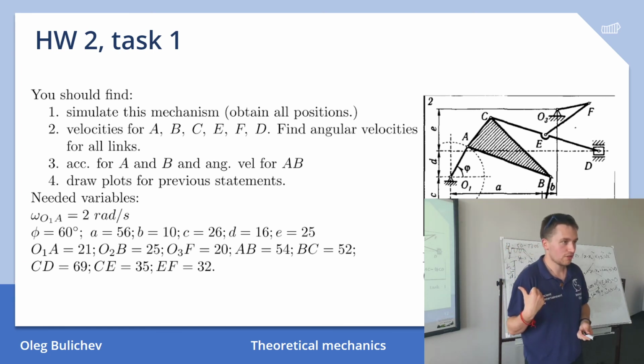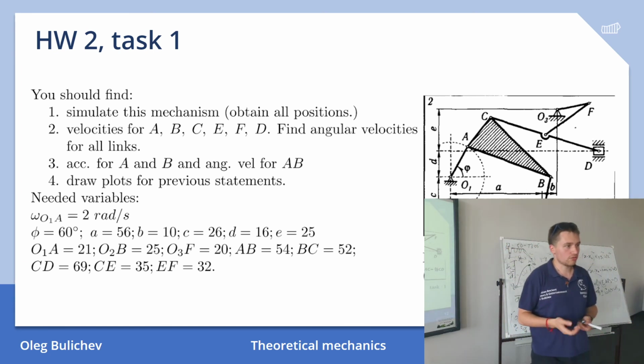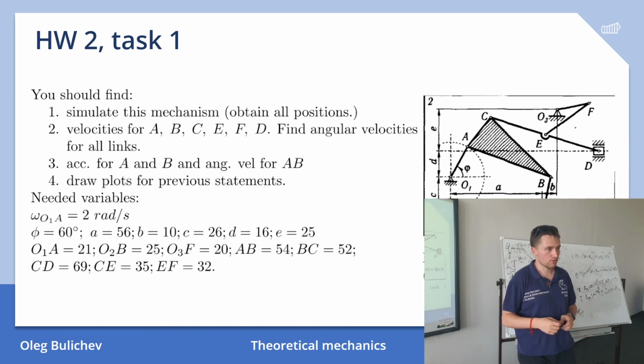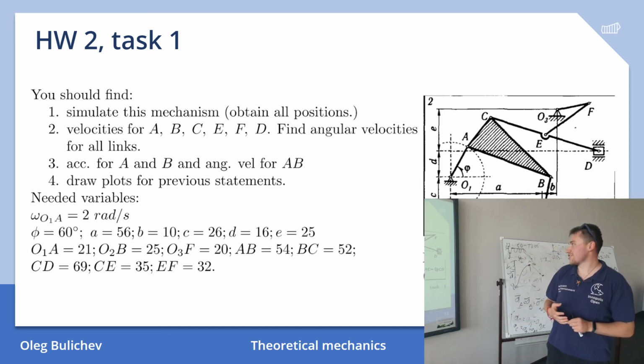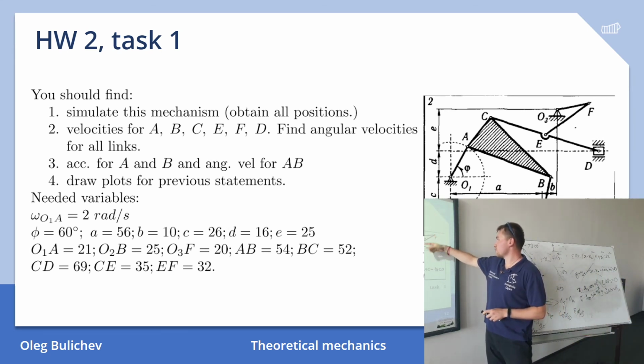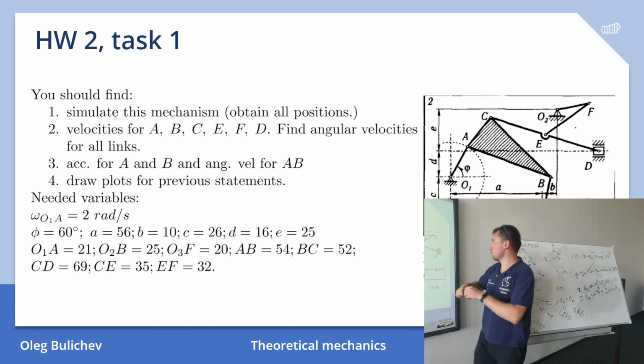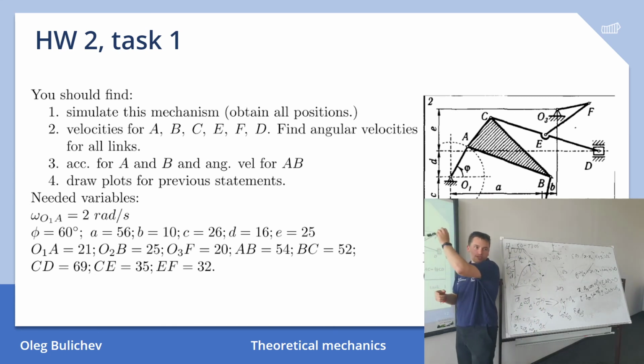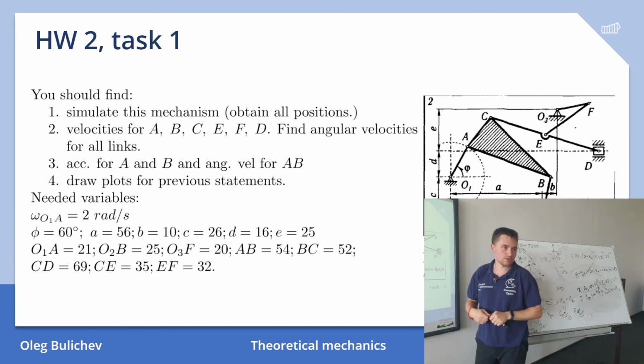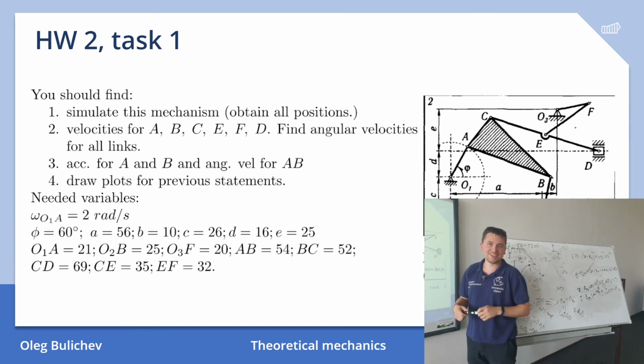You need to simulate it, eliminate it, and see how it will look. At least this point will move. Probably we can put a marker there, and it can draw something if we need it. Forget drawing.